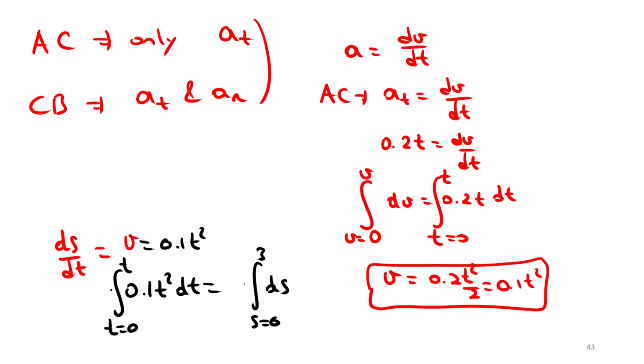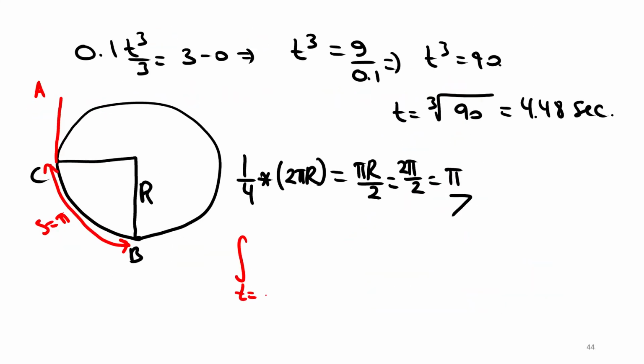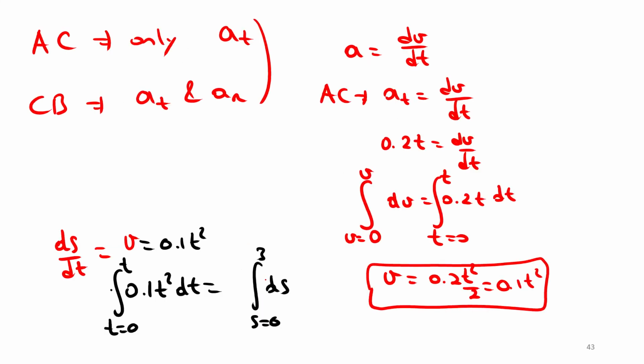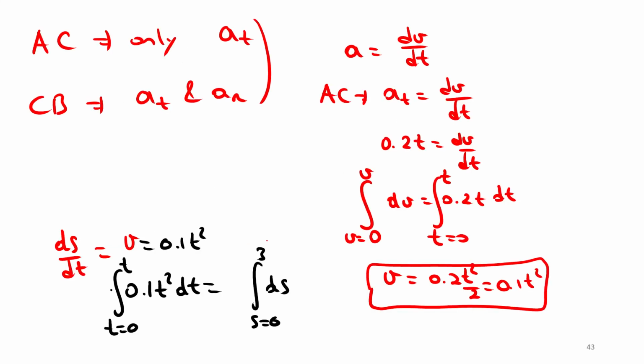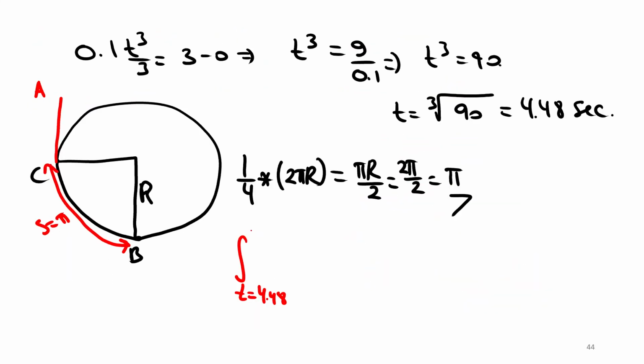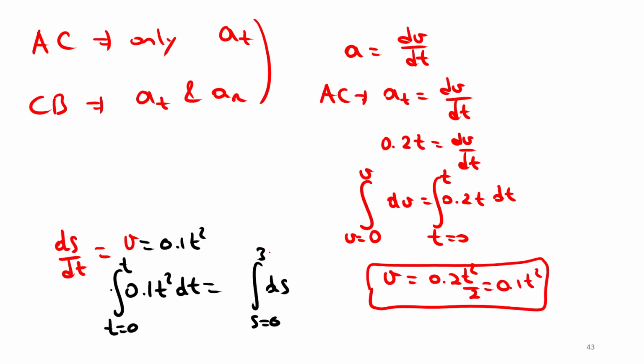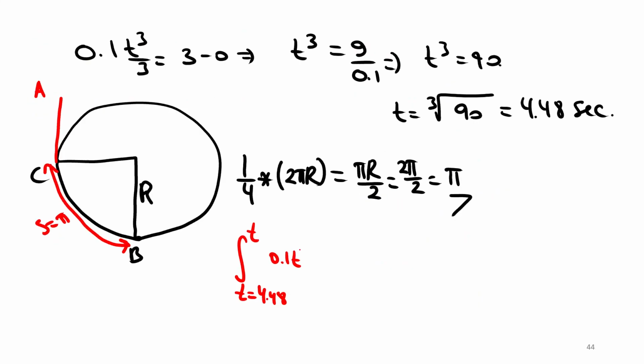Time goes from 4.48 to the time t, and 0.1 t squared dt will be equal to ds, where the distance goes from 3 up to 3 plus pi.